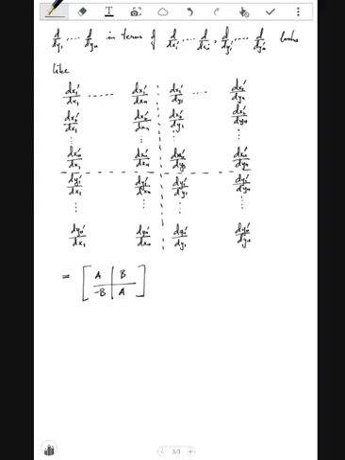And exercise: show that this matrix has positive determinant.